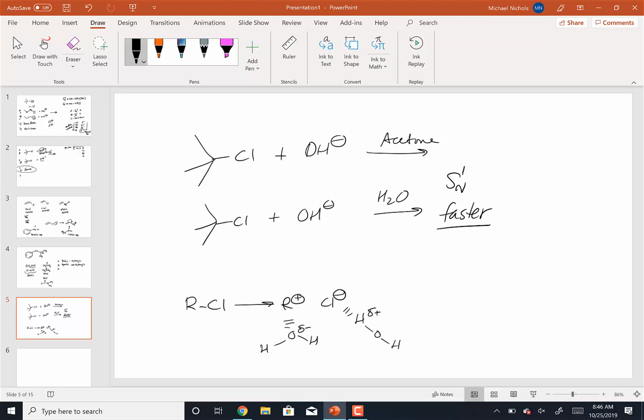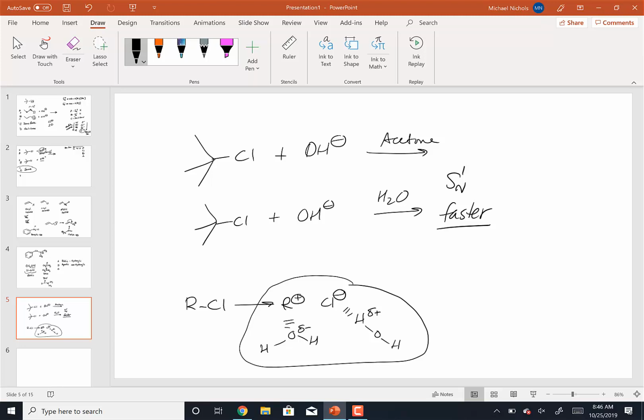And that's the key. So in an SN1 reaction, by solvating these ions, what am I doing? I am making the products more stable. So by using a protic solvent, I am making the products more stable. What does that do to the rate of the reaction? It's going to make the reaction faster.